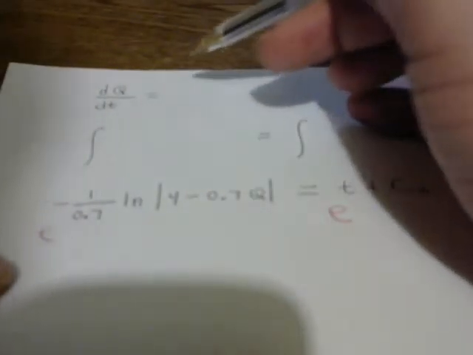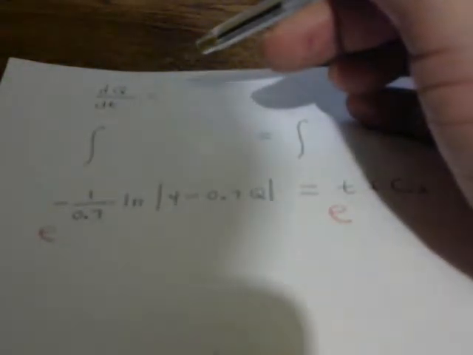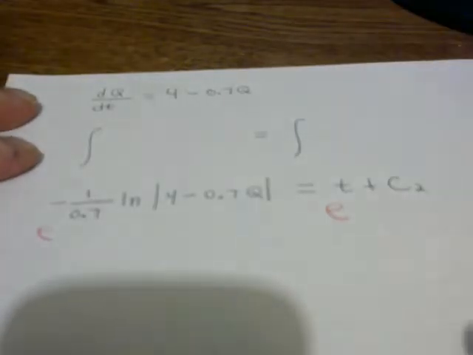In this case, to model this, we simply want to know the accumulation rate minus the decomposition rate. So our accumulation rate, as given by the problem, is simply 4 grams per centimeter squared per year minus 70% of our quantity, again represented by Q.